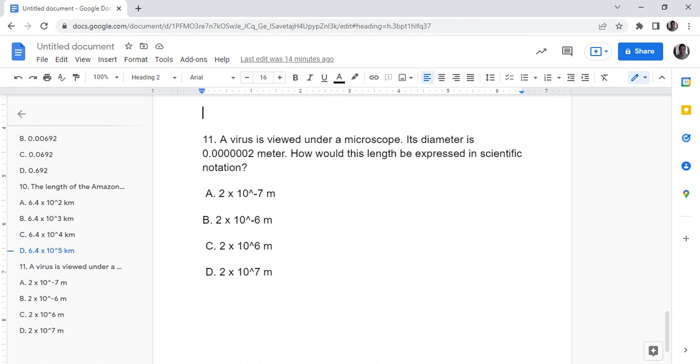So we would have 2 times 10, and we calculate how many zeros there are. The amount of zeros in this value is equivalent to the exponent. So we have 1, 2, 3, 4, 5, 6, 7. So in this event we would have 2 times 10 to the negative 7 meter.